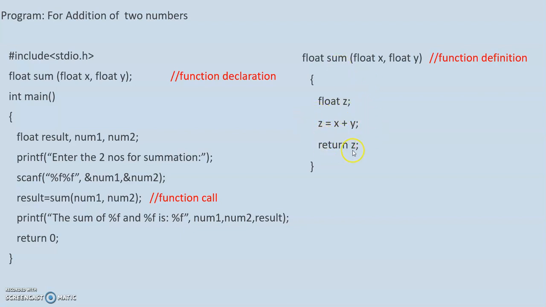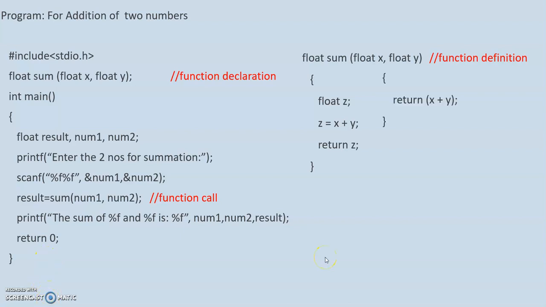The return z returns the value stored in the z variable, which is of float type, to where the function has been called. The result will store the return value of z.